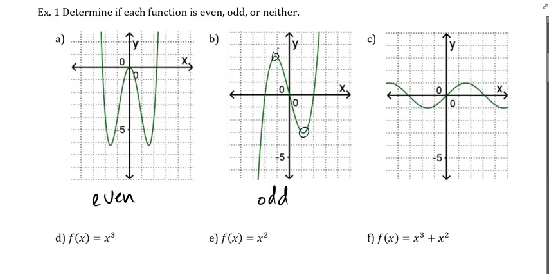What's the graph that we see in C? Yeah, it's sine. So is it even or odd or neither? What do you think? Are you sure? This one looks like it's going to map around onto there, if I rotate it.